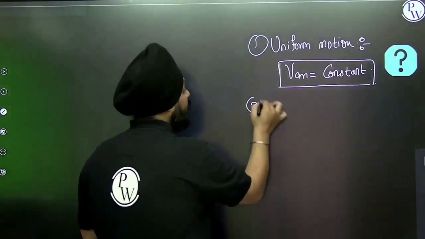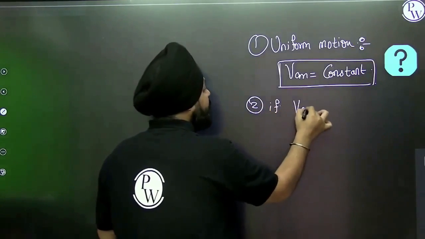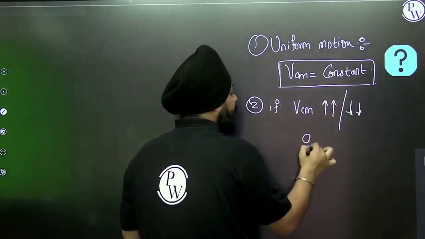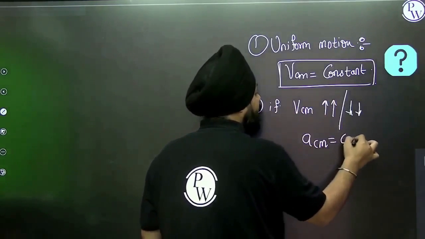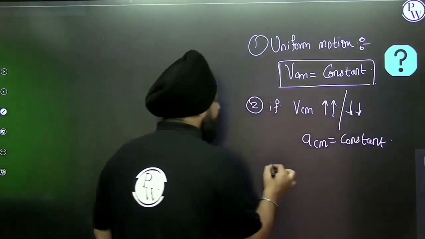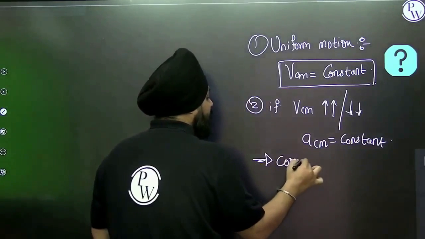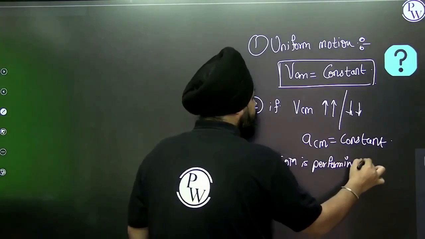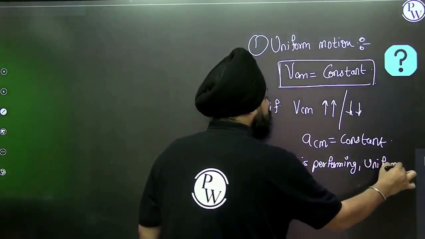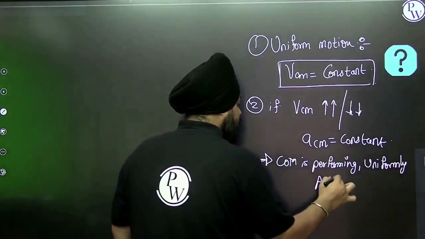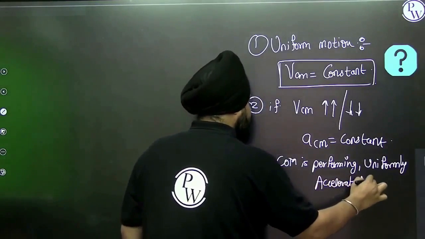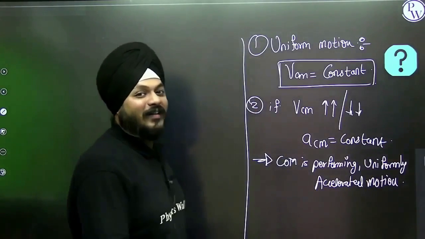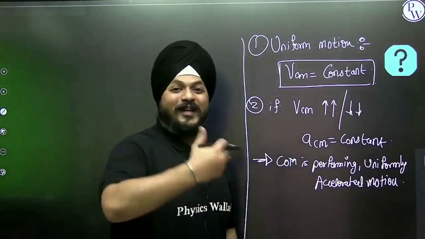If the velocity of the center of mass is either increasing or decreasing, or in another sense, the acceleration of the center of mass is constant, can I say the center of mass is performing a uniformly accelerated motion?